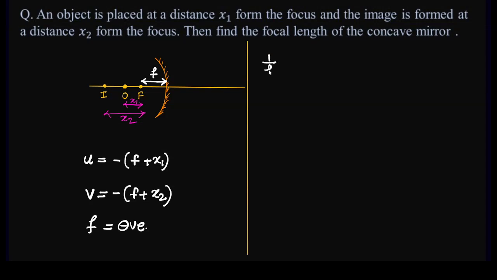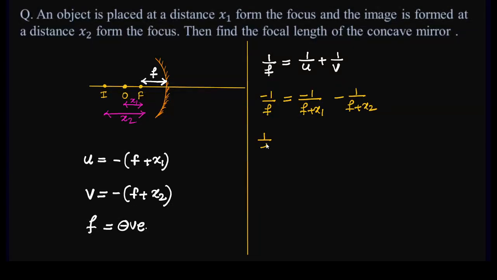So 1 by f is equal to what? 1 by u plus 1 by v. So this is minus 1 by f, which is equal to minus 1 by f plus x1 minus 1 by f plus x2.